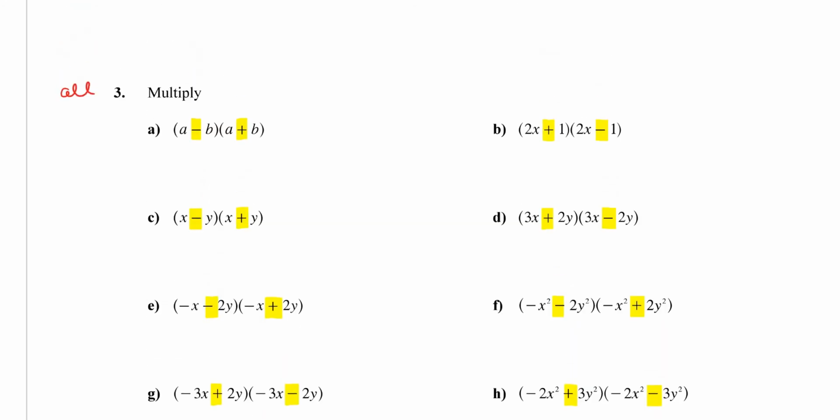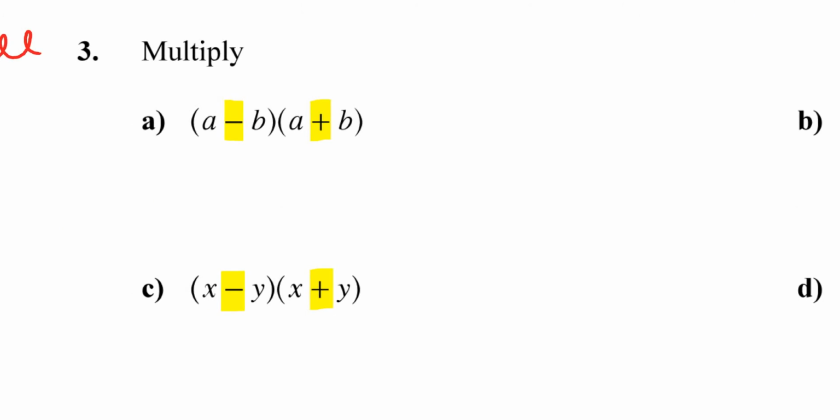Now, why is that important? So when we apply the FOIL technique here, let me just erase this. If I take a times a, that's going to be a squared. Sorry, I actually messed up my FOIL steps here.